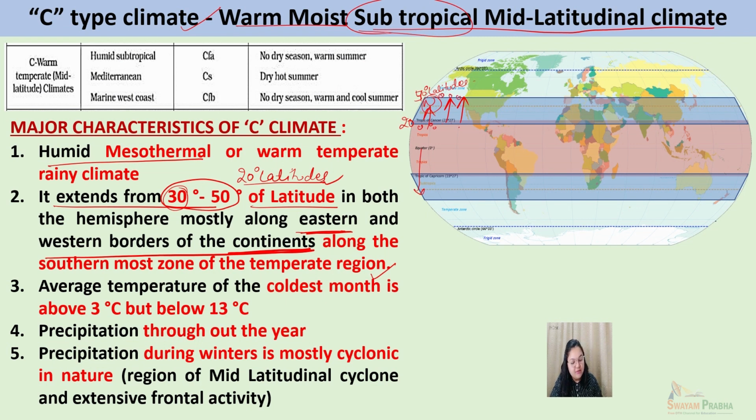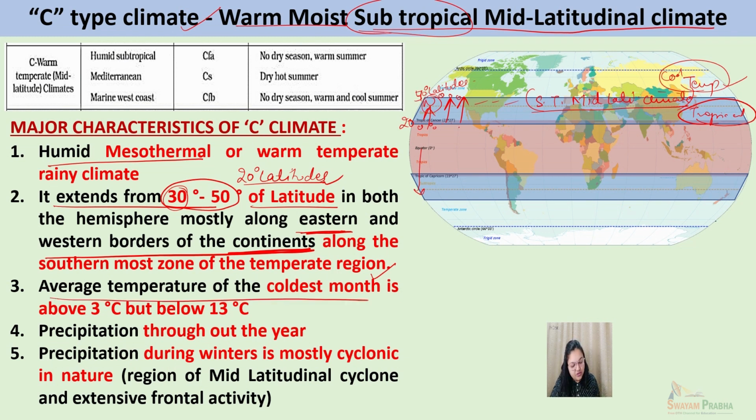So just at the margins of temperate and tropical latitudes, you have this particular belt of subtropical mid-latitudinal type of climate. So it is kind of a transition zone between the warm tropical areas and the cool temperate regions of the world. So it represents the transition type of climate.